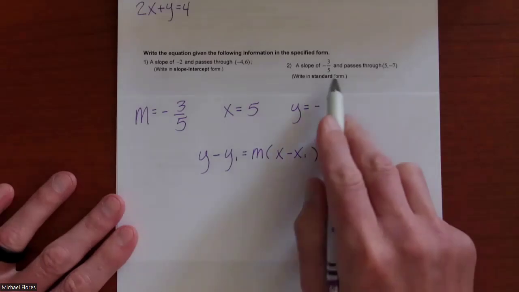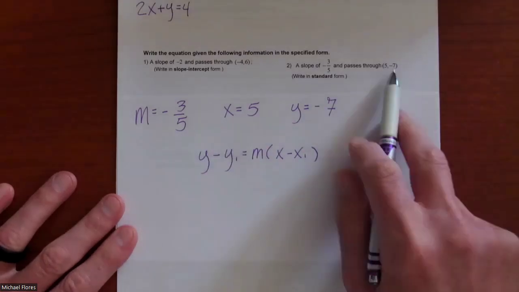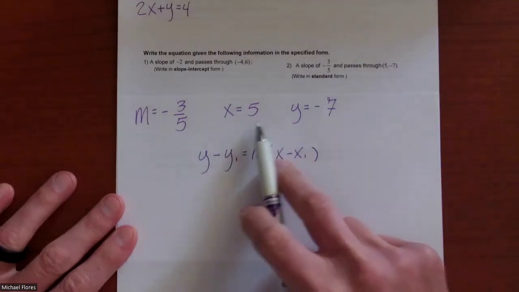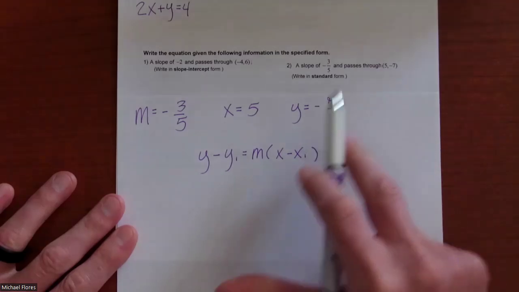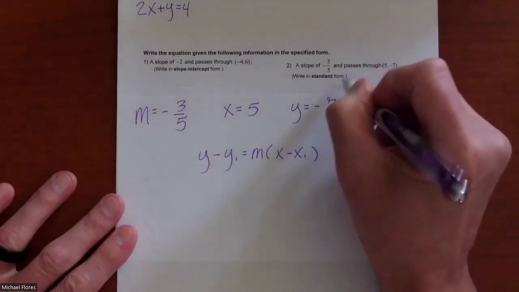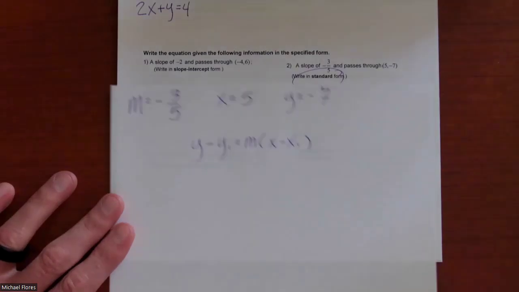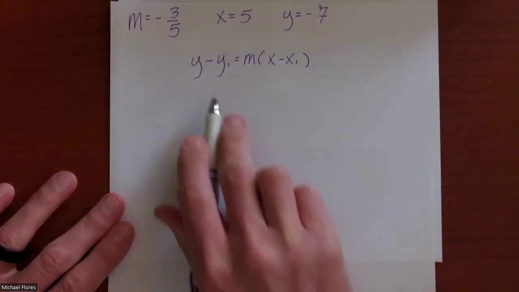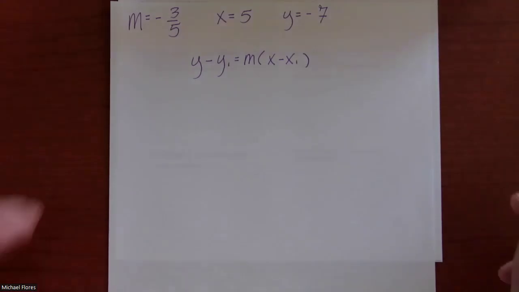Example 2, they have given us a slope of -3/5, and they tell us the line passes through (5, -7), and they want us to write it in standard form. If they wanted you to write it in standard form, I think it's a little bit easier to plug everything into point slope form. And here's how you do it.